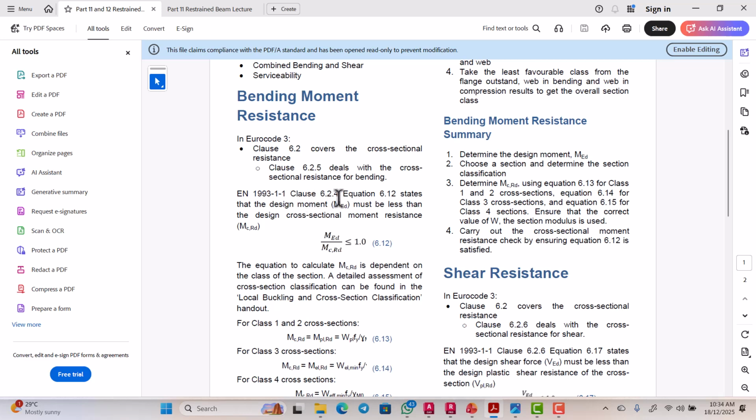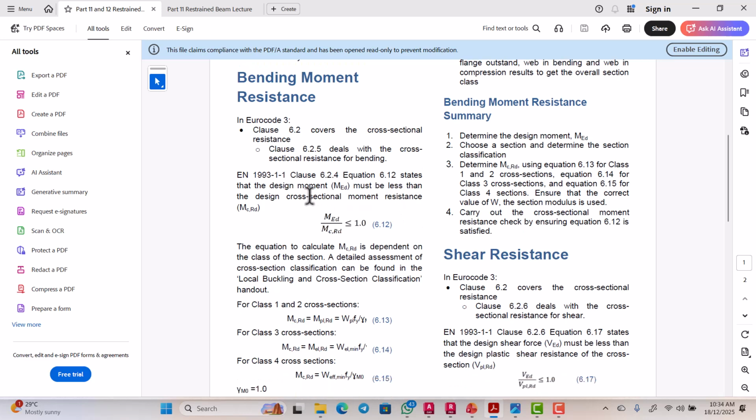Then clause 6.2.5 gives you equation 6.12, which states that the design moment must be less than the design cross-sectional moment resistance.